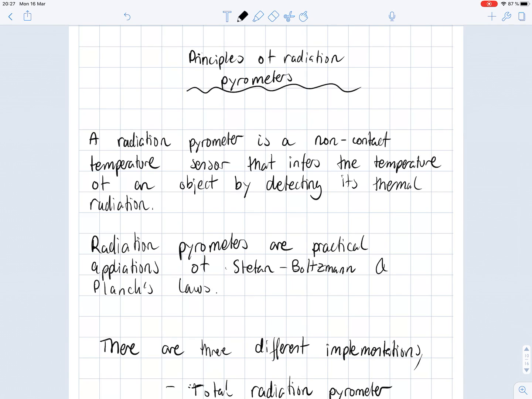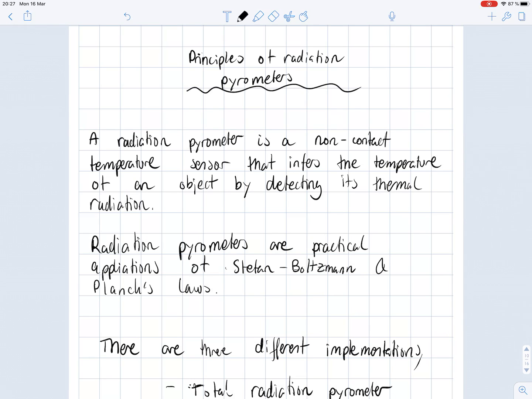So in the following lecture, we will start to do some more detailed calculations on what happens when you have gray bodies next to each other that emit and absorb radiation.